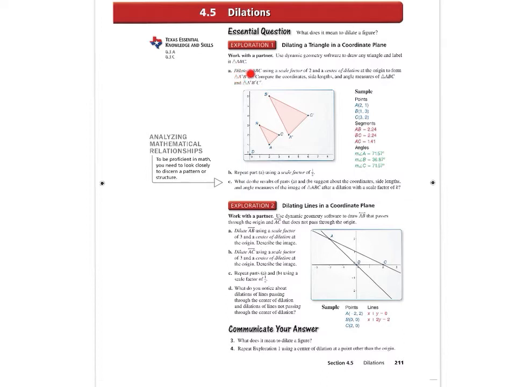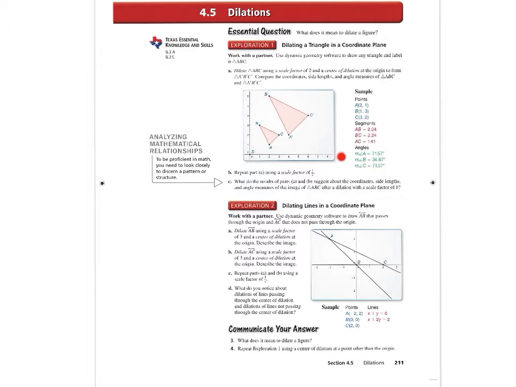Use the dilate feature in the geometry mode of your calculator, and you can create these images and get the coordinates for all the vertices of the initial triangle you create, your pre-image, and then the one that you dilate, A prime, B prime, C prime. The point of dilation for Exploration 1 is the origin, which is labeled D.